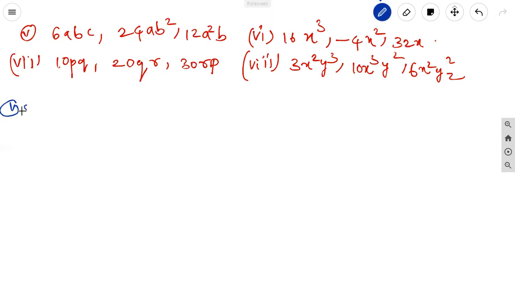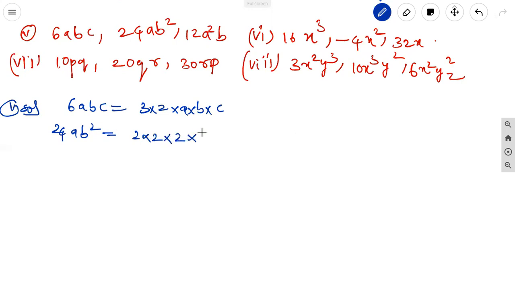Here, the fifth question's solution: 6abc can be written as 3 2s are 6, into a into b into c. 24ab square: 6 4s are 24, and 4 can be written as 2 into 2, 2 2s are 4, 4 6s are 24, a into b square, b written 2 times. 12a square b: 2 into 2, 2 2s are 4, 4 3s are 12, a written 2 times, b 1 time.